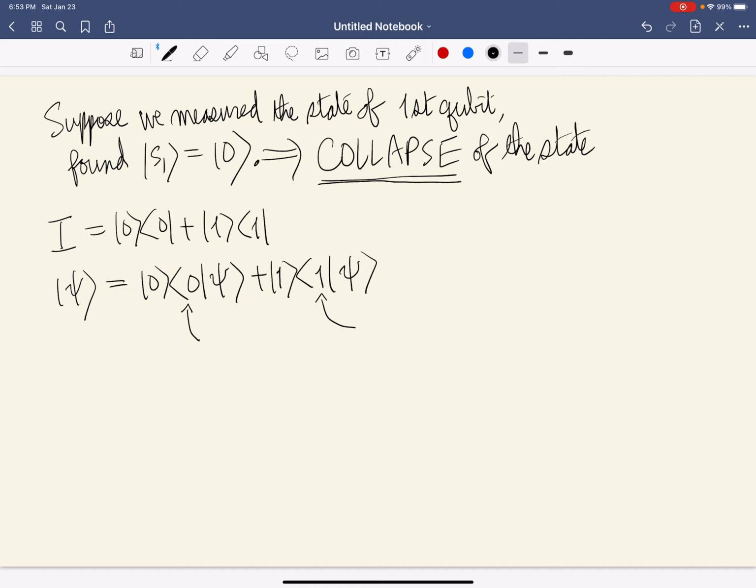Okay, and then you say we measured. We measure that s_1 equals 0, for example.